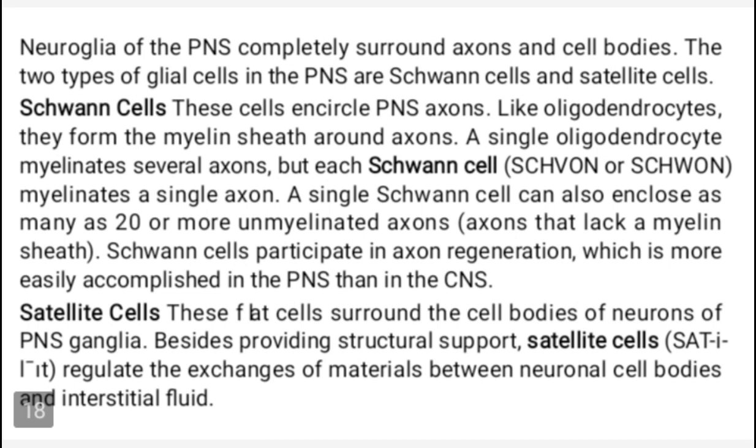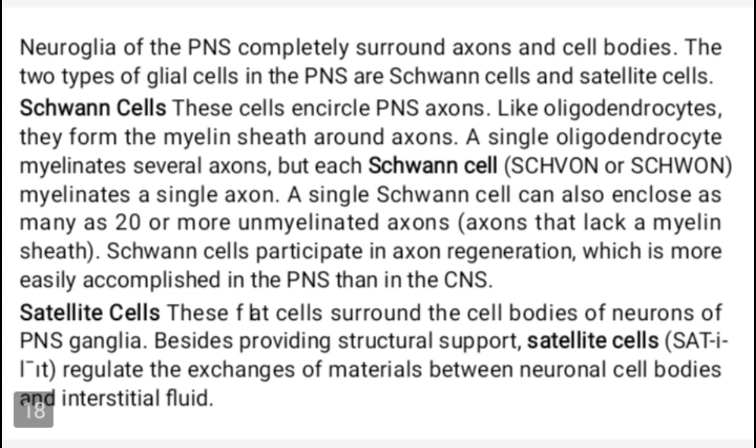Schwann cells participate in axon regeneration, which is more easily accomplished in the peripheral nervous system than in the central nervous system.